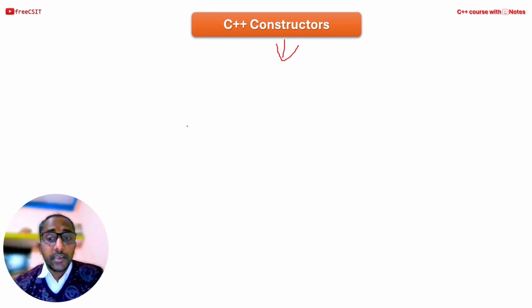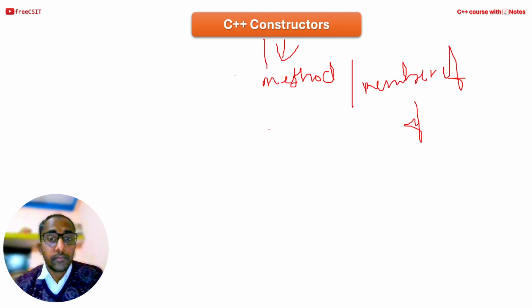A constructor is a special member function of the class. It is automatically invoked when an object is created. It is a method, a member function, which will be automatically invoked when you create an object.